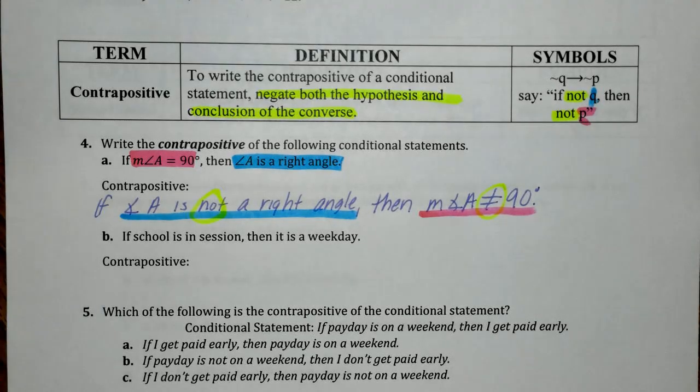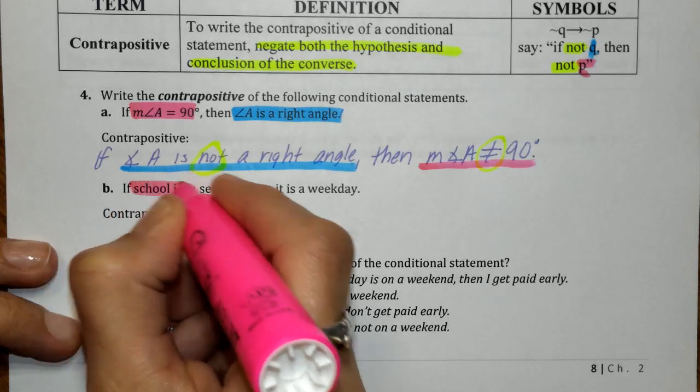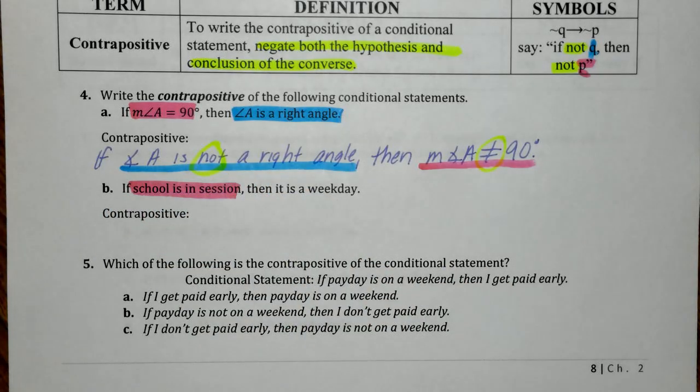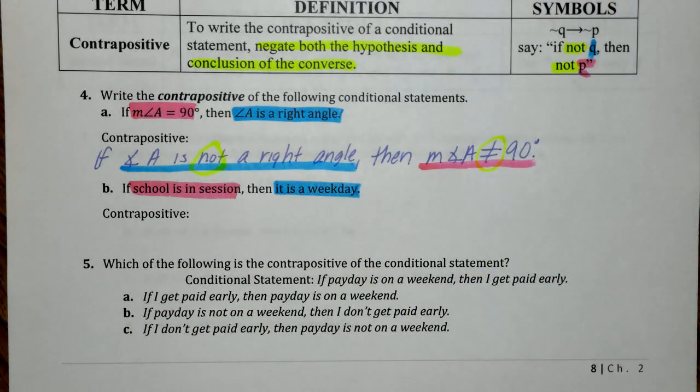Next, we have if school is in session, then it is a weekday. Here we have school is in session, hypothesis. It is a weekday, conclusion. All right, we need to switch these.